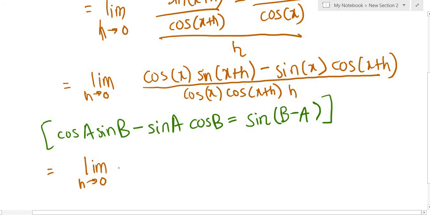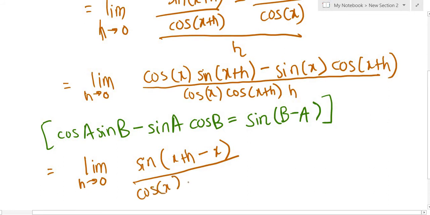Sorry, not a minus b. So according to this formula now, the sine term minus this cosine term is going to be the sine of the subtracted angles, x plus h minus x, all over the mesh at the bottom, the cosine of x times the cosine of x plus h times h.